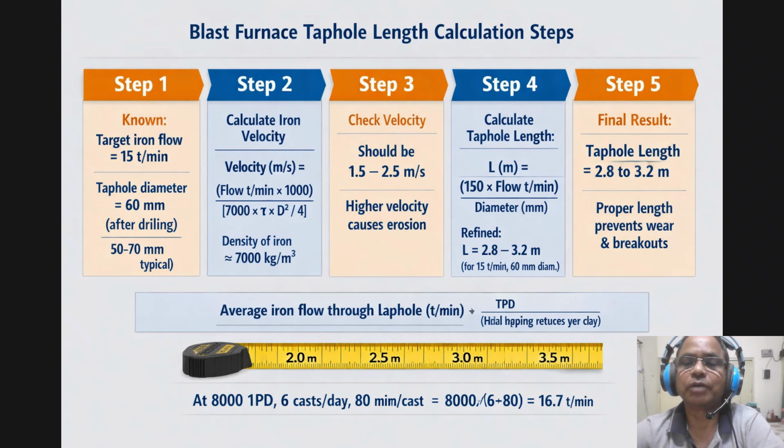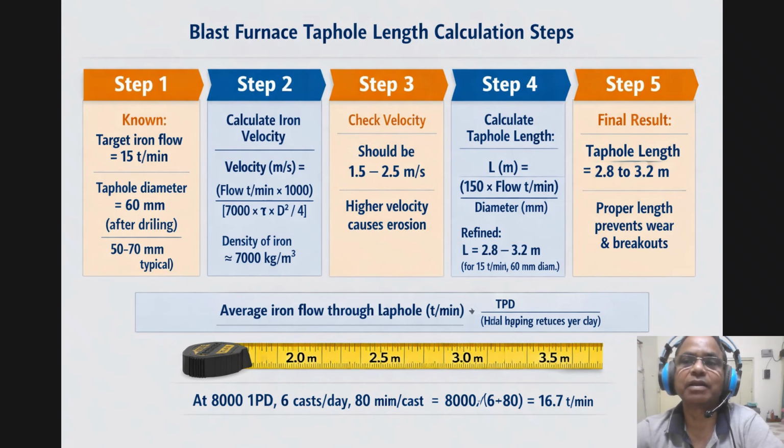So after sharing all these slides, which are mathematically well calculated and shown to operators for better understanding, coming to this slide, which is about a blast furnace high versus low productivity taphole comparison.